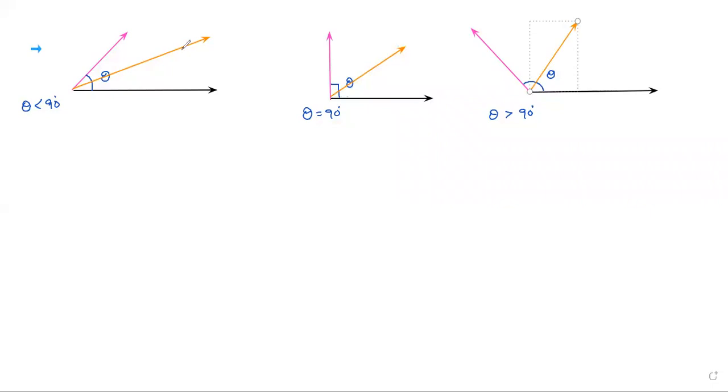This orange color vector is the resultant vector. If these two are the vectors A bar and B bar, the orange one is the resultant vector, R bar.